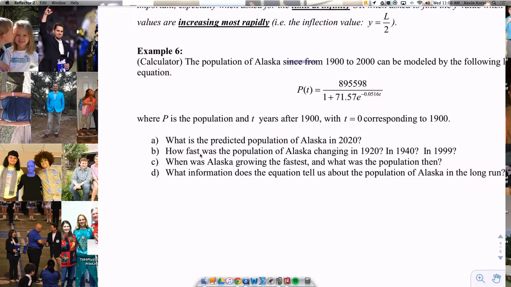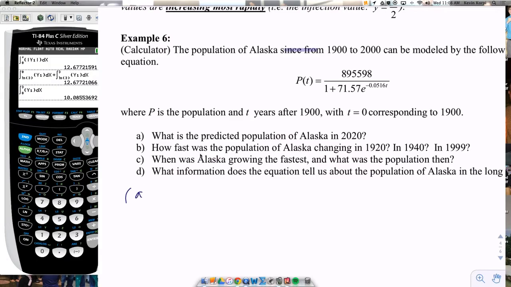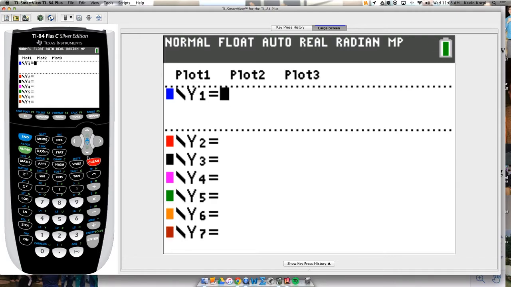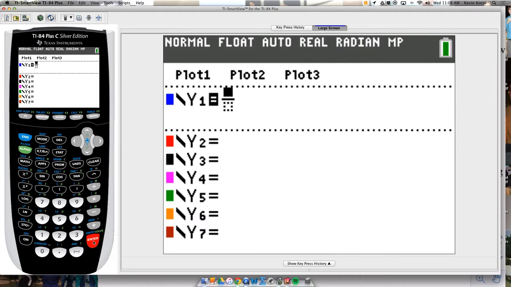How are we going to do that? Let's say that this were an actual free response question. On part A, what would you have to show? You want to make sure that you're showing everything that you type into your calculator. Let's go ahead and get it in the calculator first. If you want to use the horizontal division bar, this is a good time. Go to y equals. Remember, alpha y equals gives you n over d.